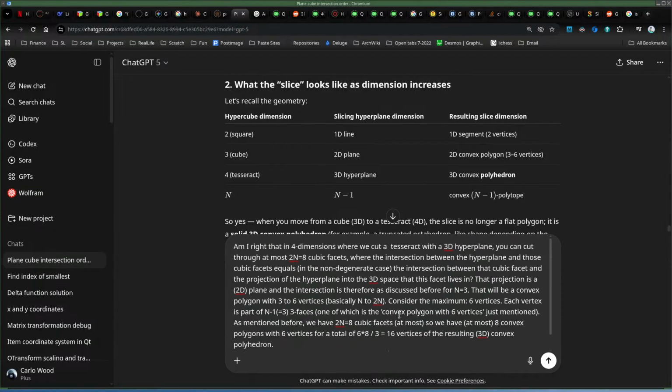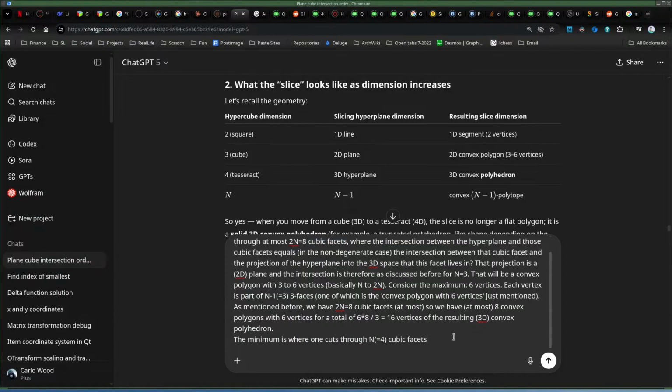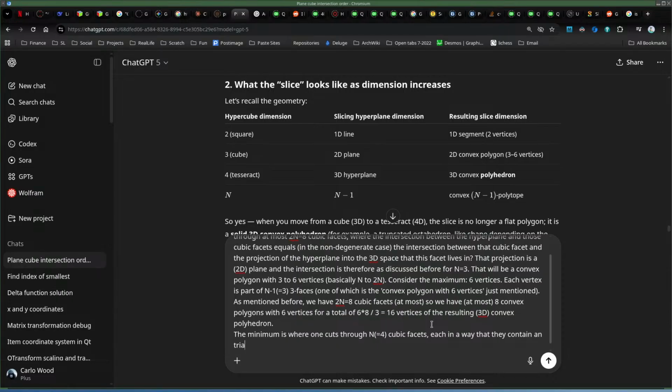I want to use the same word, of course. 3 faces. Cubic facet here. Each in a way that they contain a triangle.